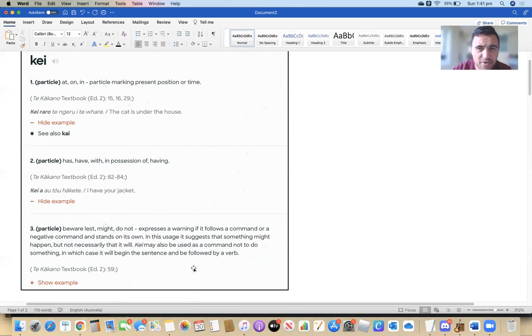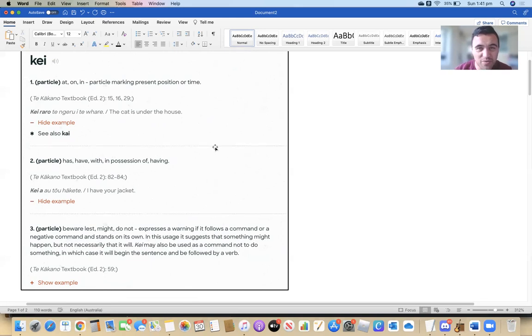So from that, we can start to see that it's providing a warning. It's causing someone to be aware of something, expressing concern, which is completely different from the meanings that we're giving kei up here.